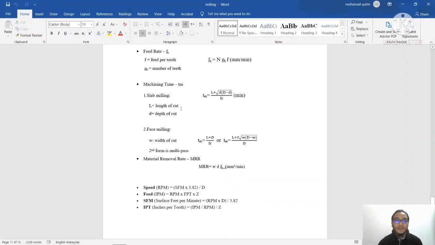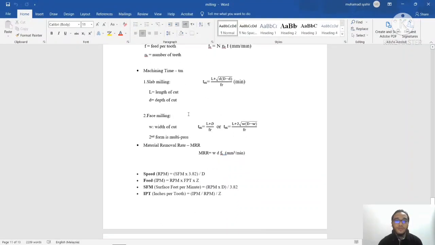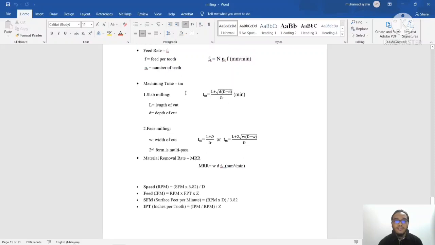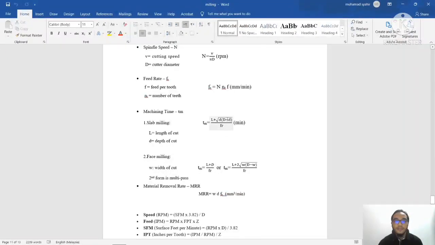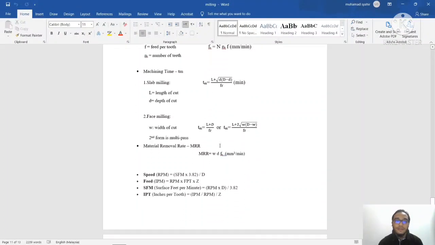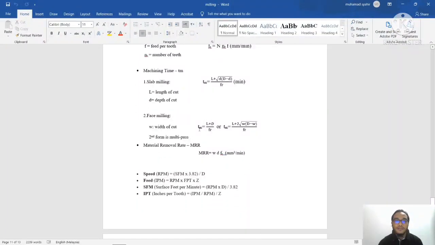Next is machining time. There are two formulas. The first one is slab milling. For slab milling, the formula is Tm equals L plus the square root of D multiplied by the sum of cutter diameter minus depth of cut, over feed rate. For face milling there are two formulas.